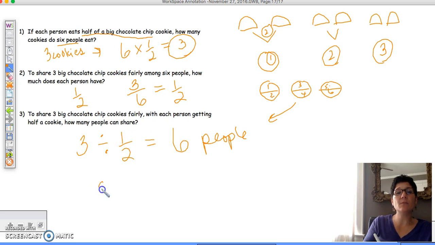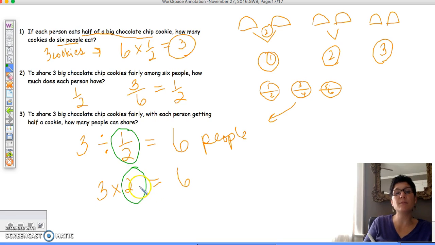Right? Because it almost feels like 3 times 2 is equal to 6, doesn't it? Because we all know 3 times 2 is equal to 6. So if I look at this as something so profoundly interesting, if I do 3 divided by a half, I get 6. If I do 3 times 2, I get 6. If I said to you, what is the relationship between these two numbers?